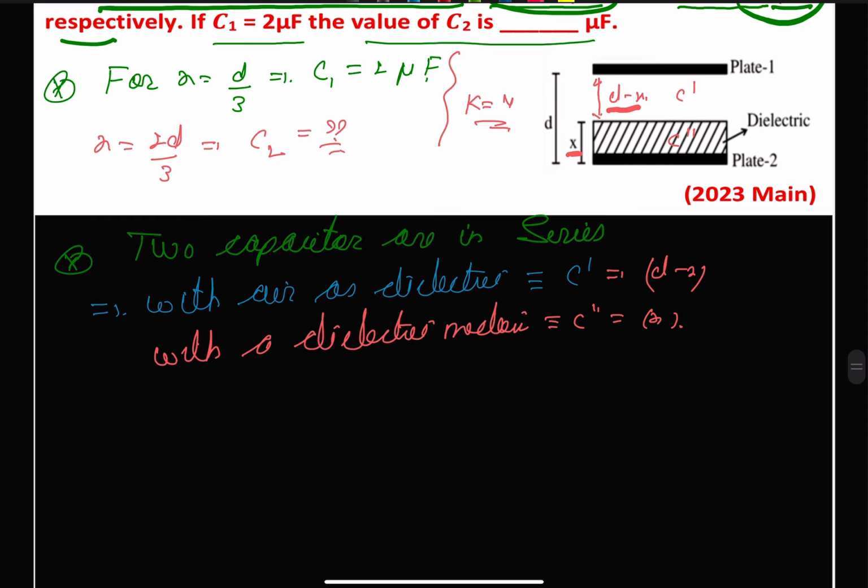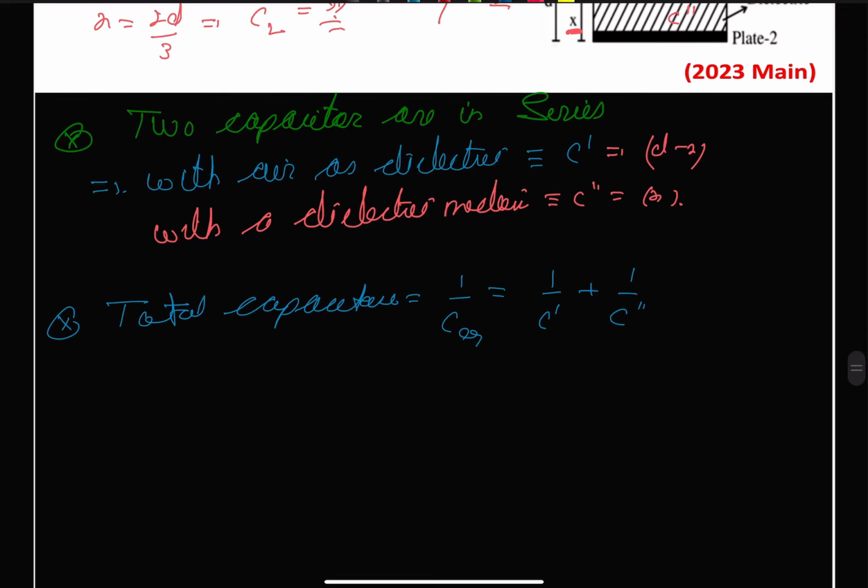Therefore we can say the total capacitance, let us call this C equivalent, will be equal to 1 upon C prime plus 1 upon C double prime. C prime is with respect to air.